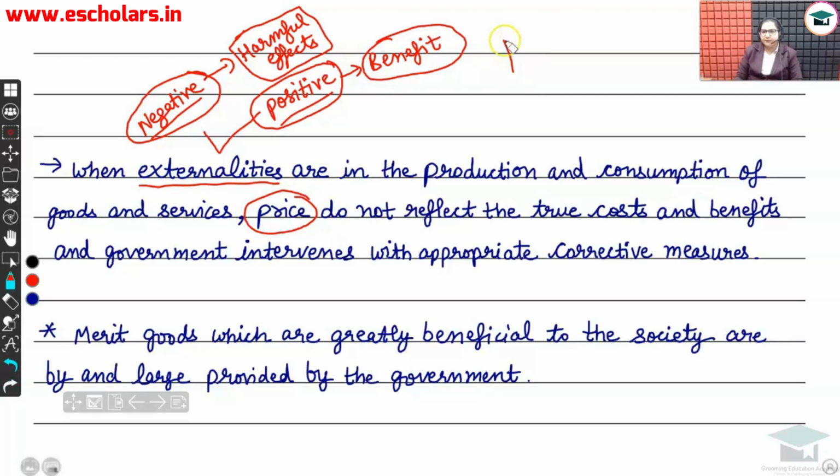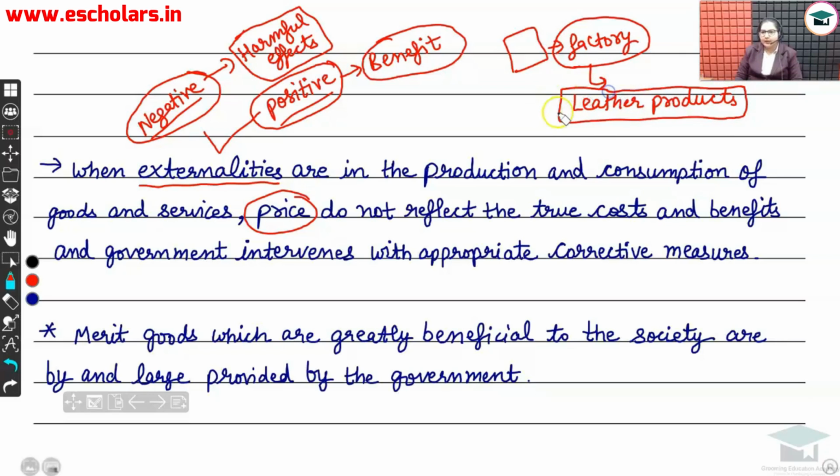That is, let's suppose there is a factory. This factory is producing leather products. Okay, and the waste generated by this factory is disposed of in the nearby river. And the water of this river is consumed by the people who are living nearby.